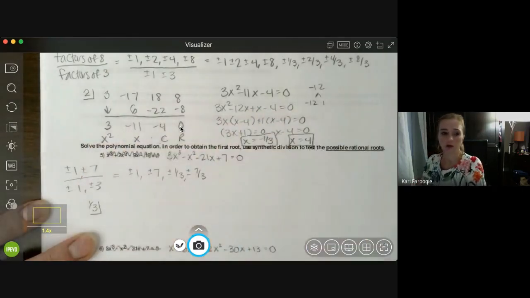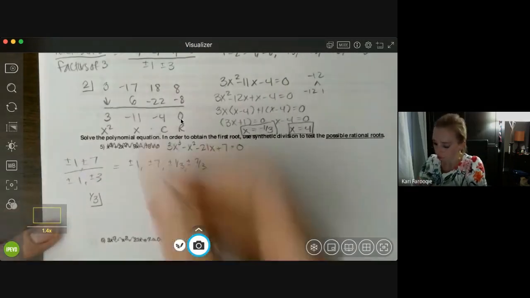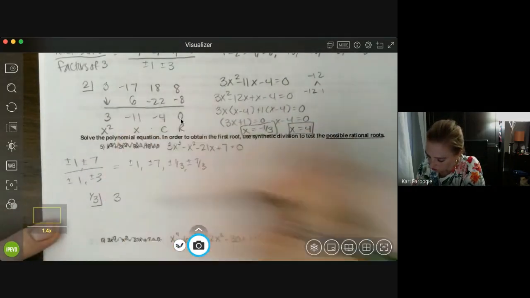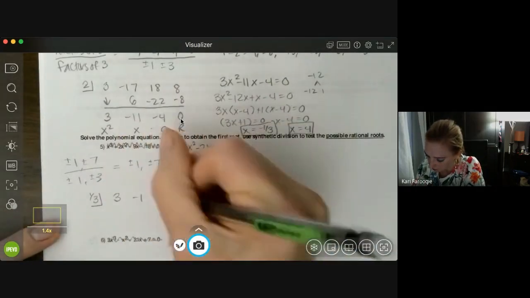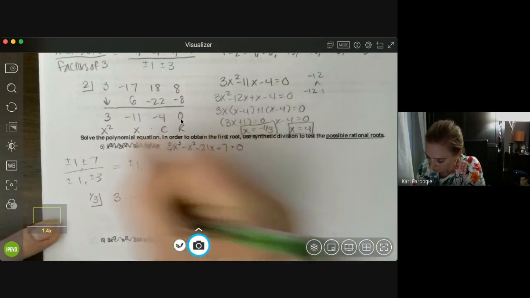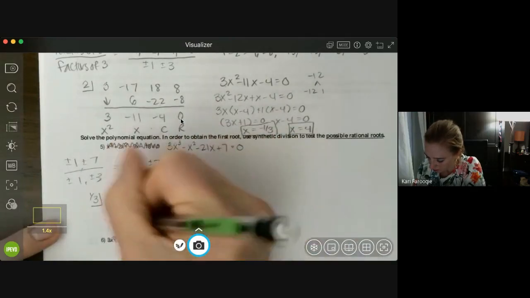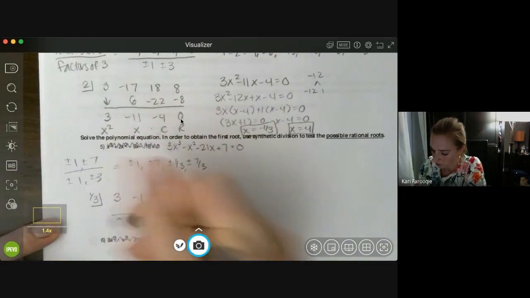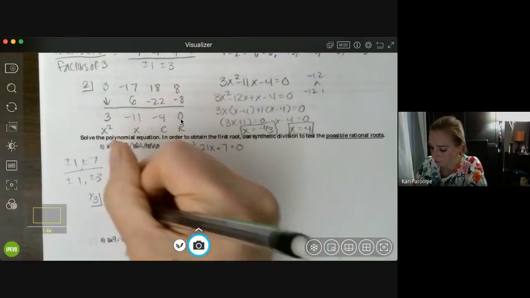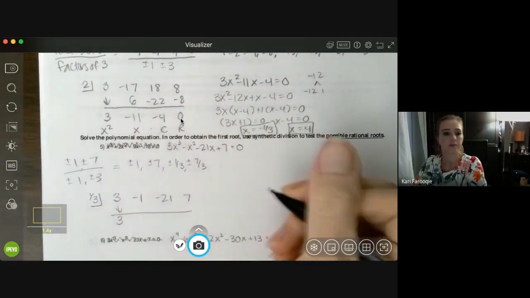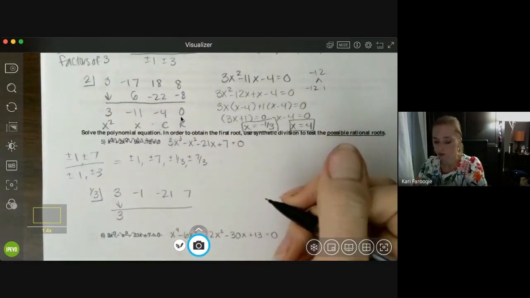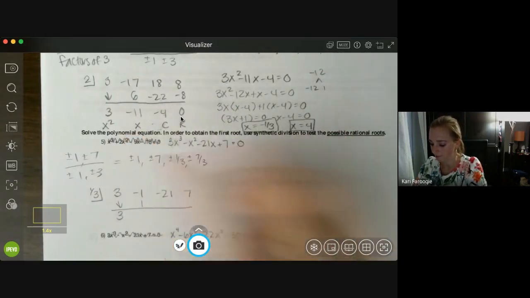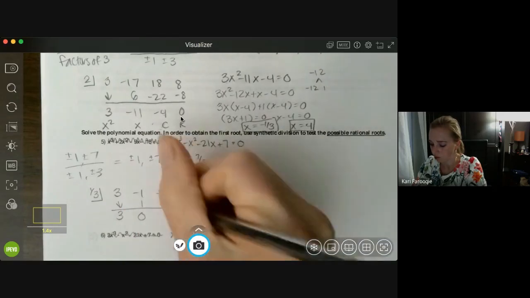And we'll go ahead and work on the synthetic division now. So go ahead and put all of your coefficients in your synthetic division. And be really careful with your fractions. 3 times a third is positive 1. And then we're just going to multiply and add.